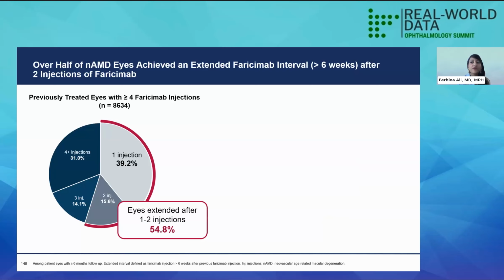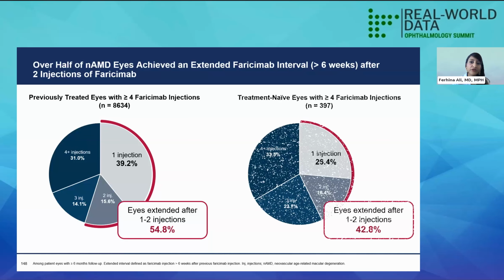So looking at and using our definition of faricimab interval injection extension as an injection more than 6 weeks from the prior injection, we found that in the prior treated patients, almost 70% achieved an extended interval, almost 55% of which extended within the first or second injection. For the treatment naive eyes, we found 67% had an extended interval, of which 43% extended within the first or second injection.